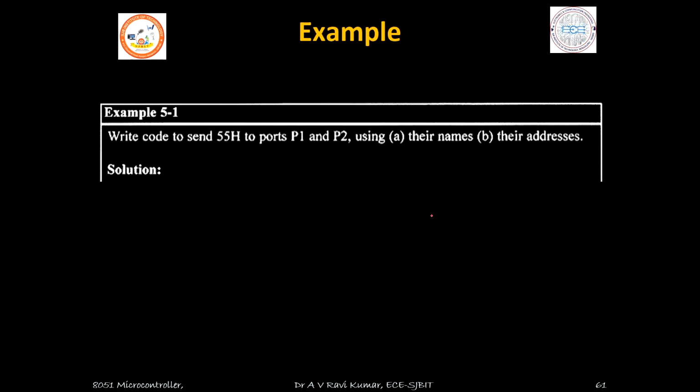We'll see some examples here. Write code to send 55H to port 1 and port 2, first using their names and then their addresses, so we should know the port 1 and port 2 addresses in the SFR region.